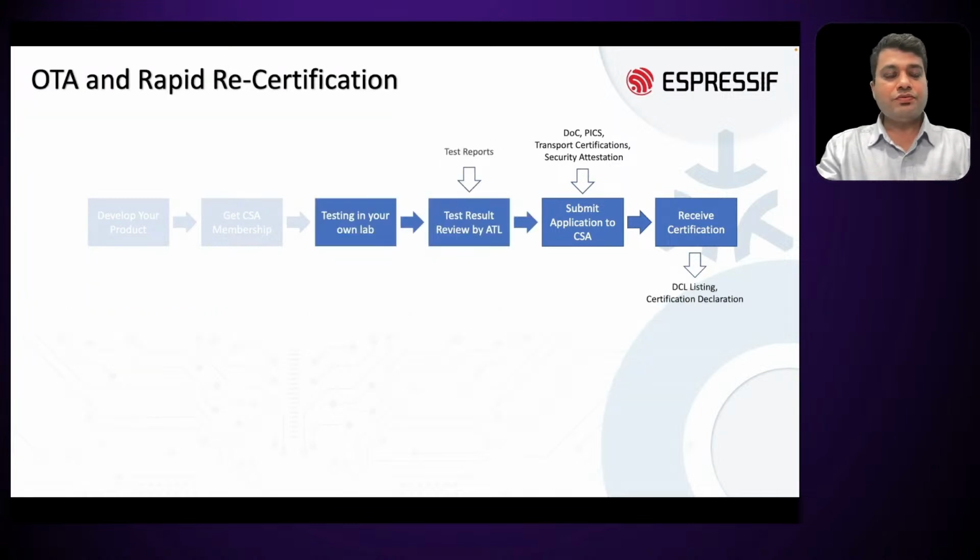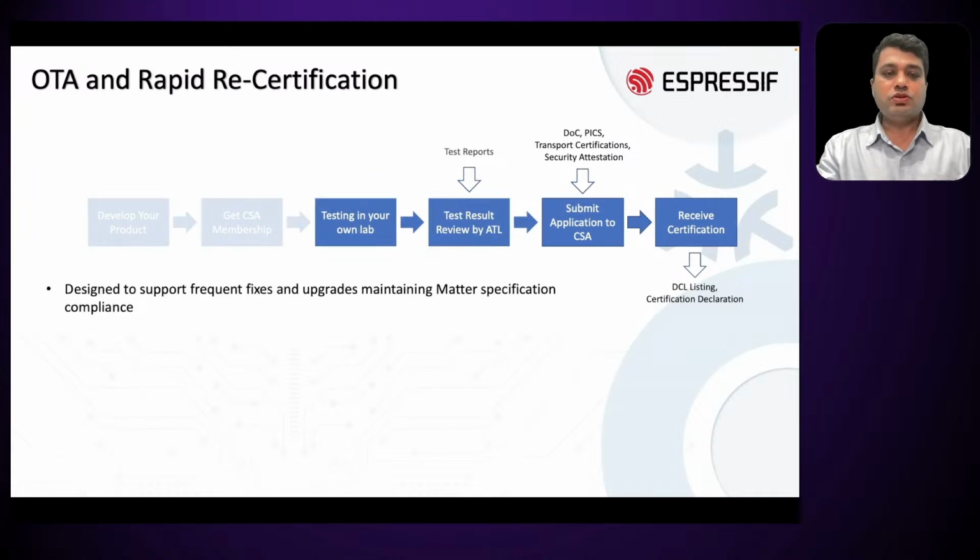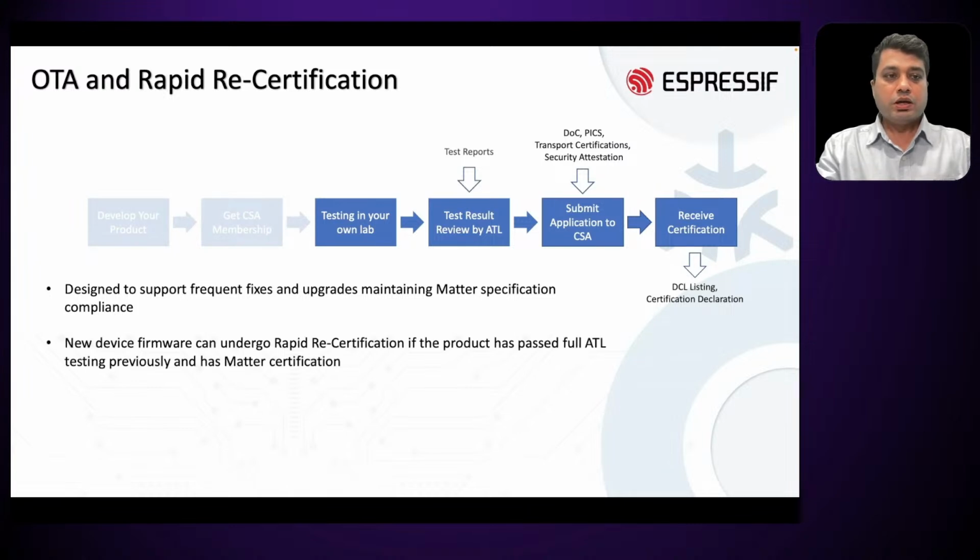Now, in the case of OTA, there is a requirement that any new software upgrade also needs to be ensured to comply with the Matter specification. And this is especially important because many times products require frequent fixes and upgrades to address the bugs and security issues in the product.